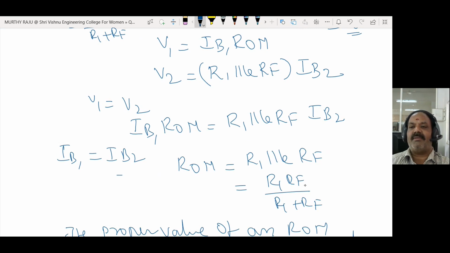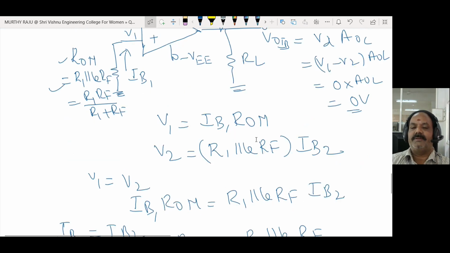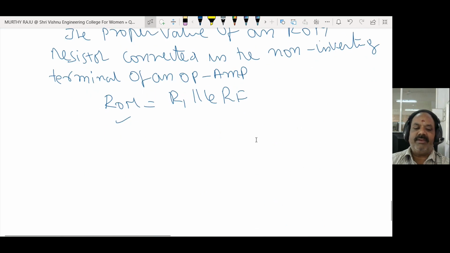ROM is equal to the parallel combination of R1 and Rf, bringing the output offset voltage due to IB to 0 volts. However, ROM may not completely eliminate the output offset voltage VOIB, because the currents IB1 and IB2 are not exactly equal.